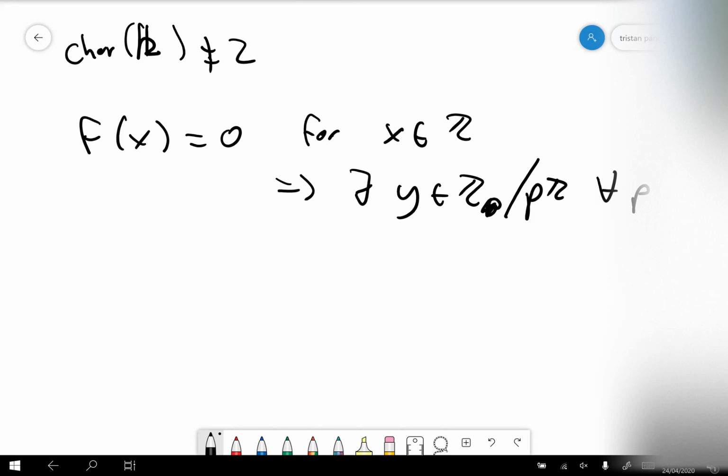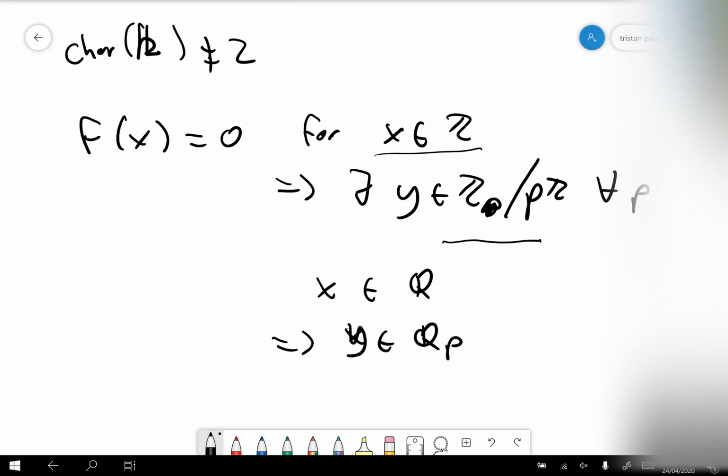That means if it has a solution inside the integers, it has a solution modulo p. From what we've looked at before and a bit more theory, we can also say something similar: if there is a rational solution, then there is a solution y in every p-adic field.